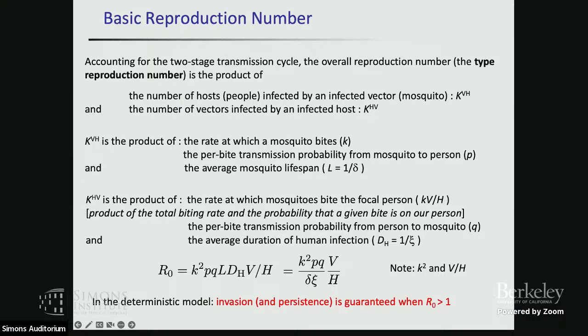So my infected person is 1 over H. That's the probability that the mosquito bites them. So 1 out of my H people are infected. So that's where the 1 over H comes from. K because we've got the mosquito biting rate, and V because there are V mosquitoes biting.